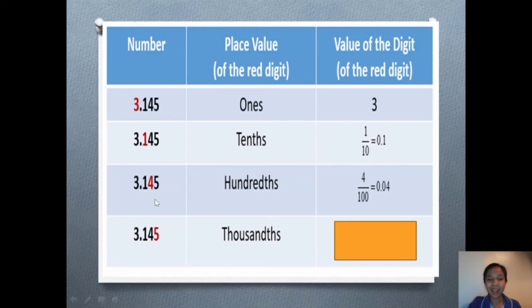As I've said, this part is the fractional part. So tenths, hundredths, 100, 4 over 100 equals, in decimal form, 0.04. Alright?